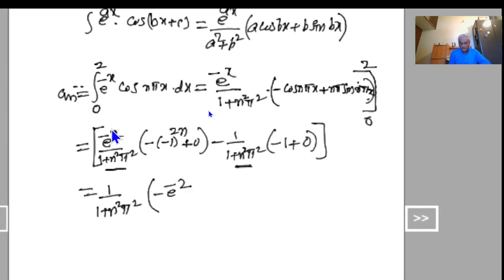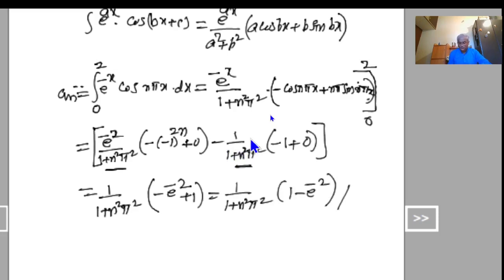And here, minus into minus is plus 1, since I have taken this as a common factor. So this is equal to 1 by 1 plus n squared π squared into 1 minus e to the power minus 2. So this is the value of an.